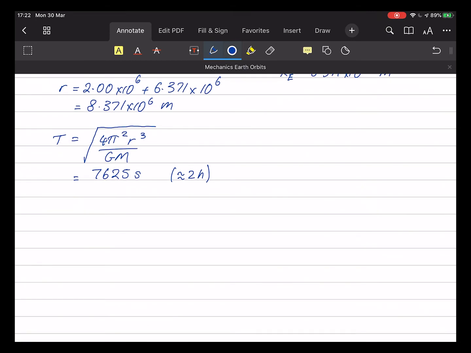And now that I've got the time taken to travel a circumference, I can easily find whatever that radial velocity must be, radial speed. I need the distance around the outside, which is 2 pi r. And my r I found to be 8.371, not that the significant figures are that important for the illustration of this point.